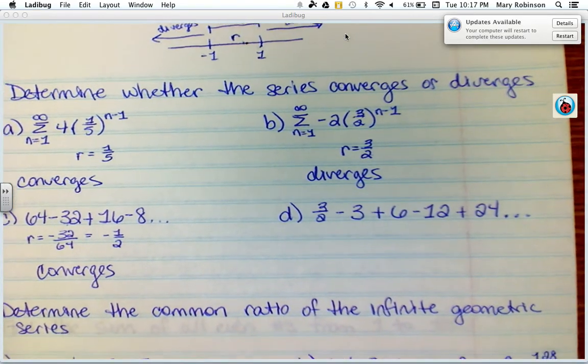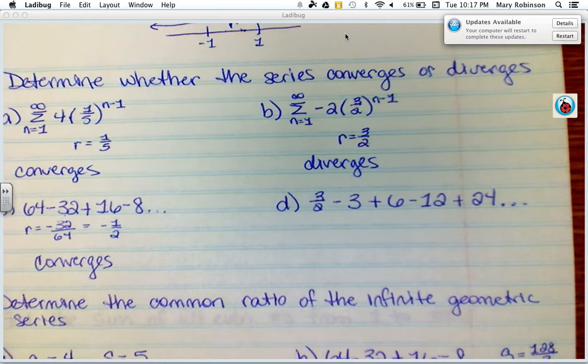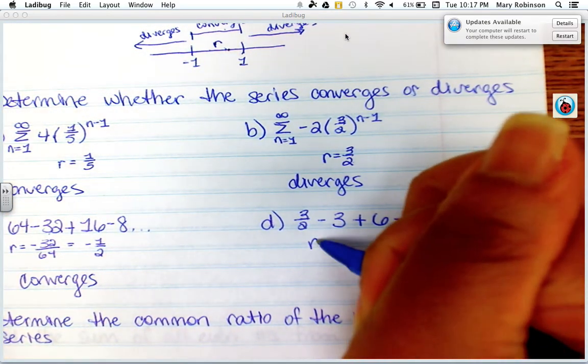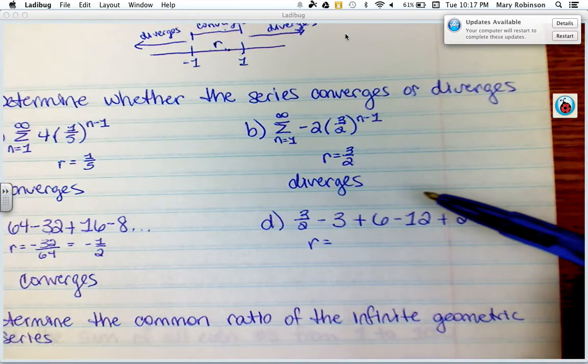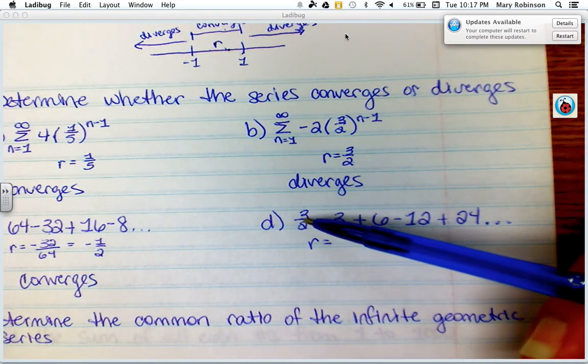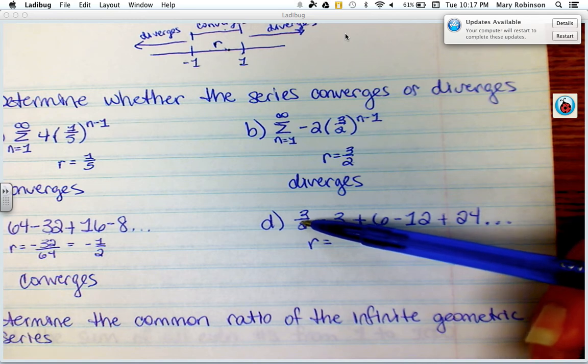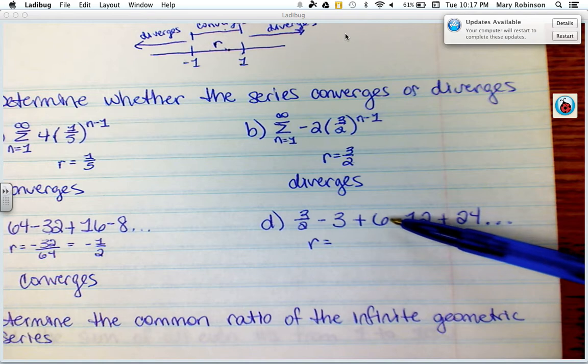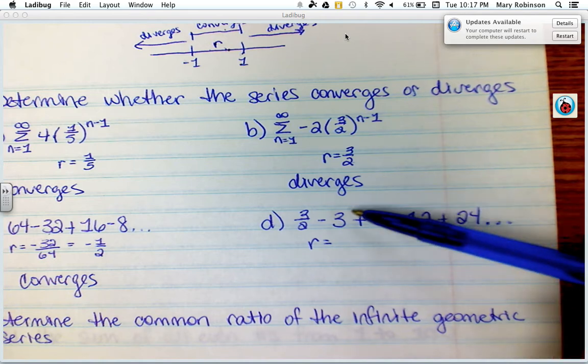Alright, and last one for number 6, let's look at D. So R equals, and to find R, you don't have to do the second divided by the first. You could do as long as you're doing the term divided by the term before it.